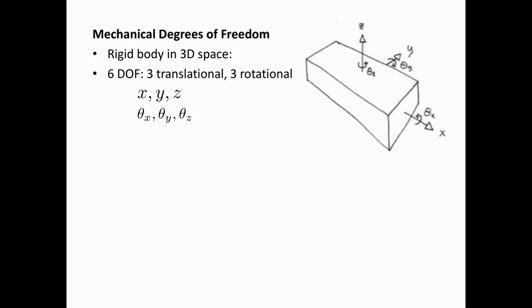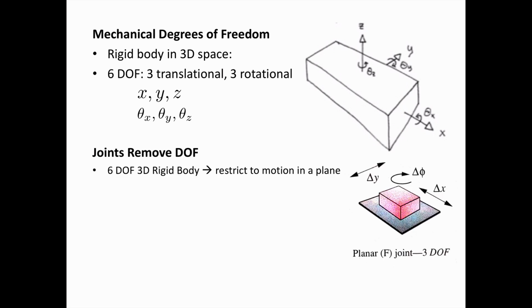If we have a quantity for each one of these degrees of freedom, we can completely and uniquely describe its position. And for a rigid body in 3-dimensional space, the minimum number of quantities required to describe its position is 6. I mentioned before that joints remove degrees of freedom. They restrict the ways in which a rigid body can move.